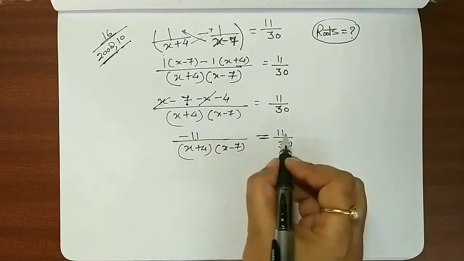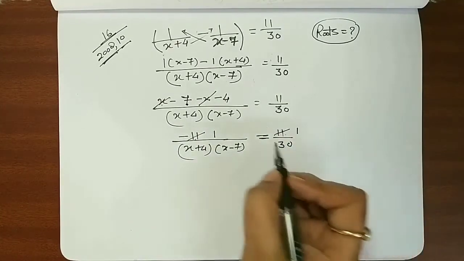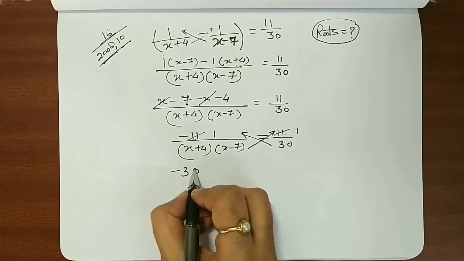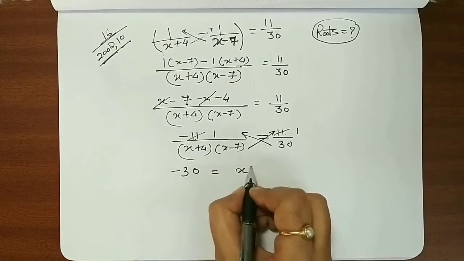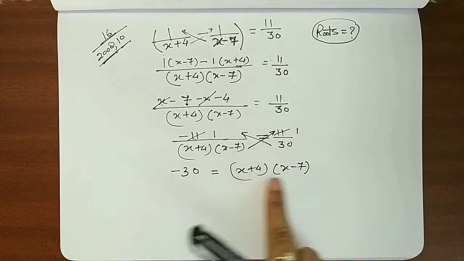Guys, we know both sides have 11, which can cancel easily. It is 1 and 1. Now we will do cross multiplication. This will go here and this will go here. So minus 30 is equal to (x plus 4)(x minus 7). Now we will open this.